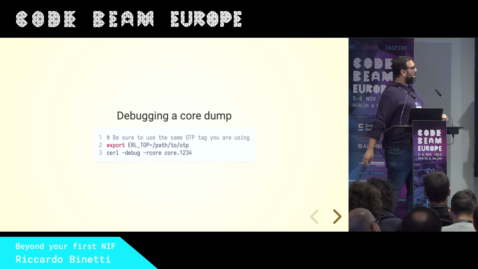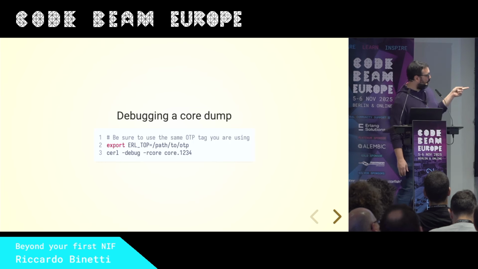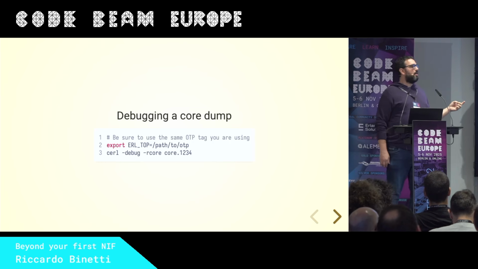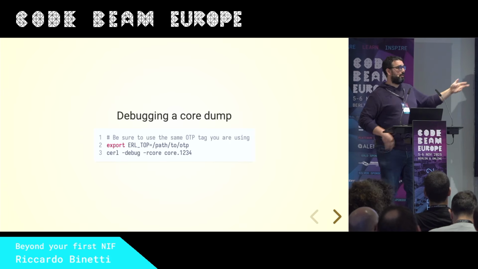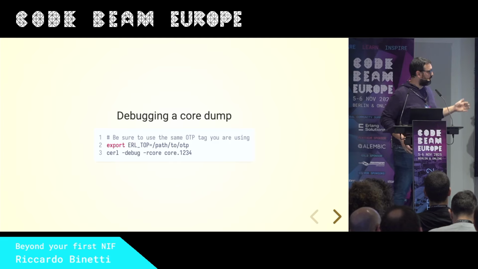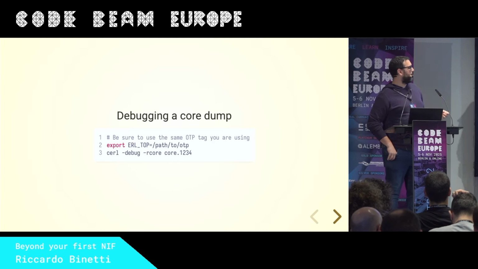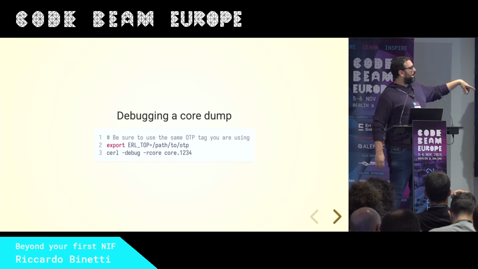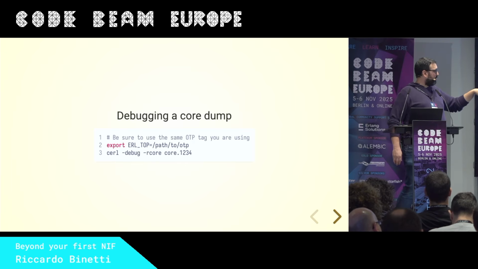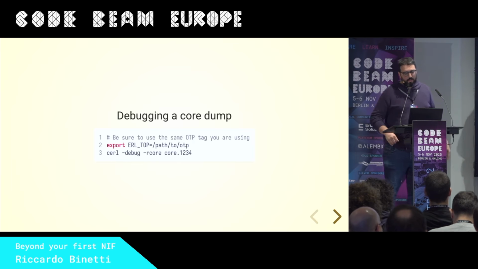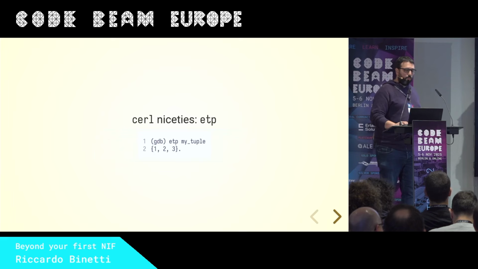You have to point the ERL_TOP variable to a repo, especially if you're using mise or asdf, because they clean up the source afterwards. So you have to have a repo with the correct version of OTP you're using, and then you can open up the core dump using the cerl script.